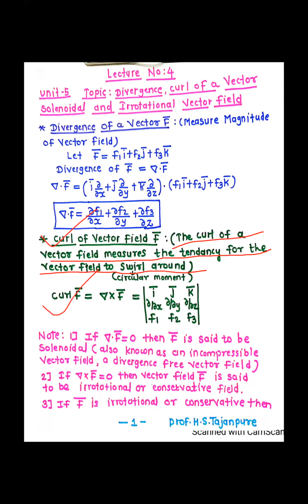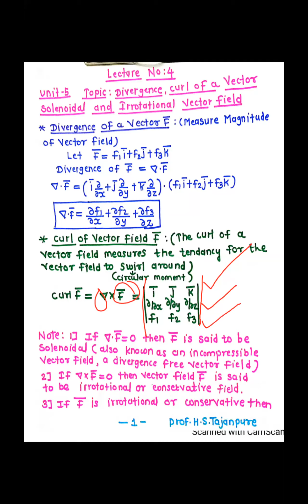Curl of f bar is given by del cross f bar. You know very well how to take the cross product of any two vectors. We have two vectors here, del and f bar. So the cross product is given by the determinant with the first row i bar, j bar, k bar, the second row the scalar components of del, that is del by del x, del by del y, and del by del z, and the third row the scalar components of f bar, that is f1, f2, f3.